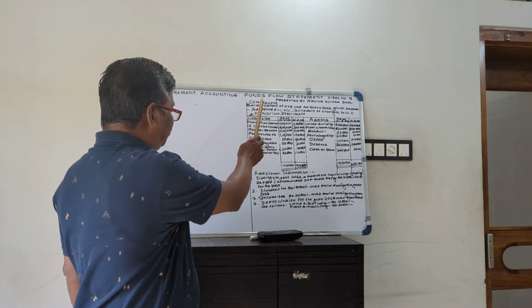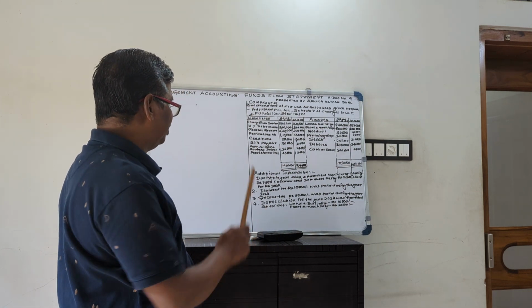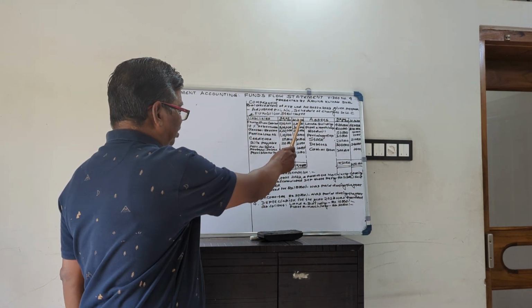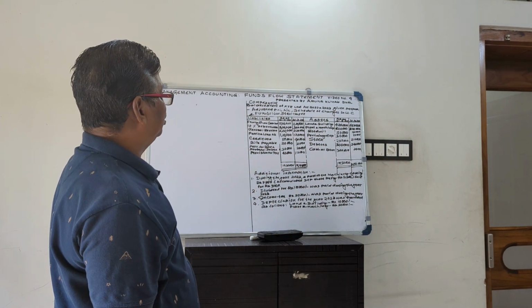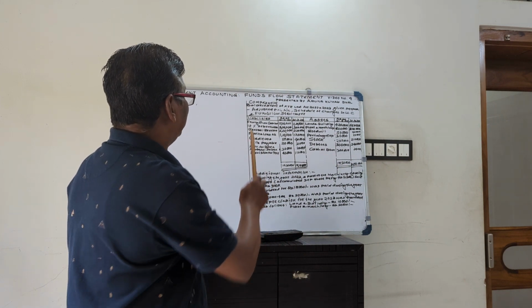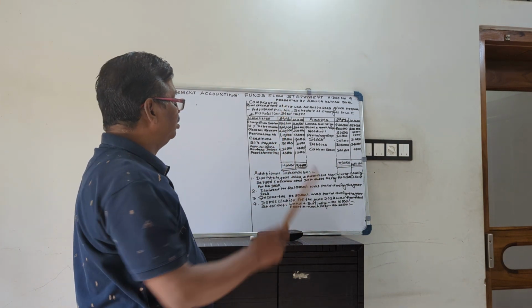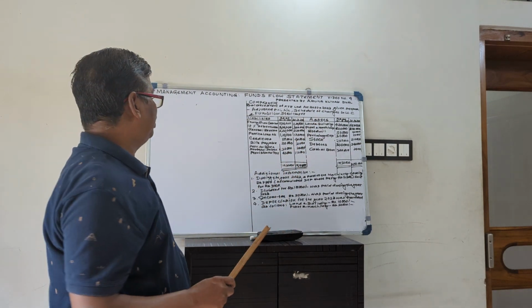The comparative balance sheet of XYZ Limited for two years, that is 31st March 2022 and 31st March 2023, is given. We have to prepare the adjusted profit and loss account, schedule of changes in working capital and fund flow statement.